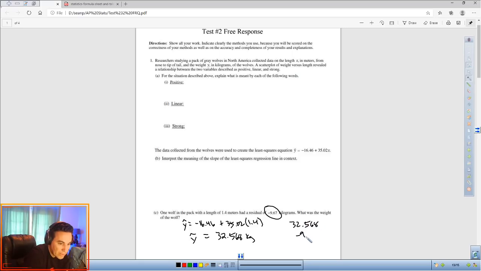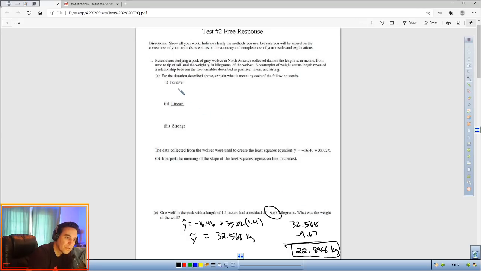So we're going to subtract 9.67 kilograms from the predicted weight. And so our actual weight of this way underweight wolf is 22.898 kilograms. Oh, that wolf needs some food. Okay, so that wolf is much lighter than a normal wolf.